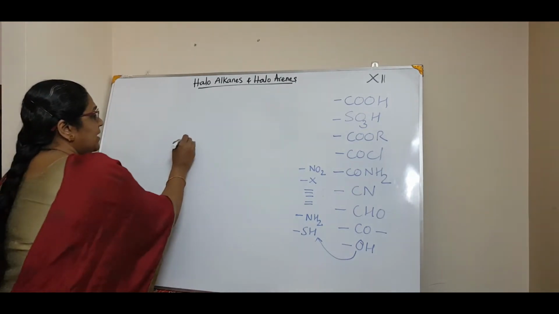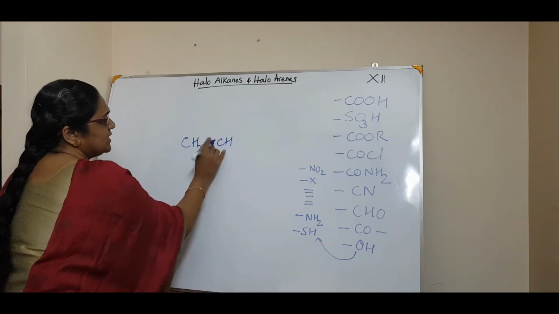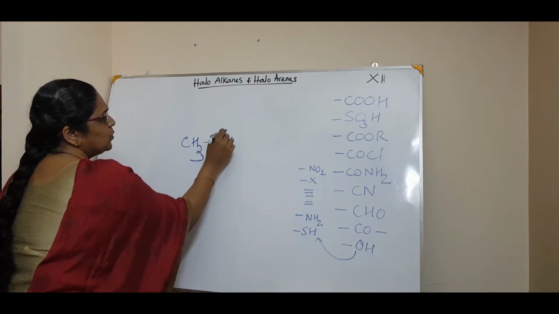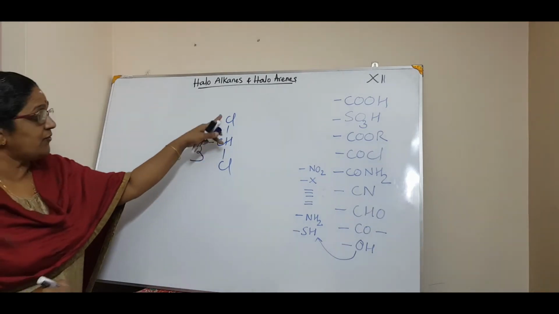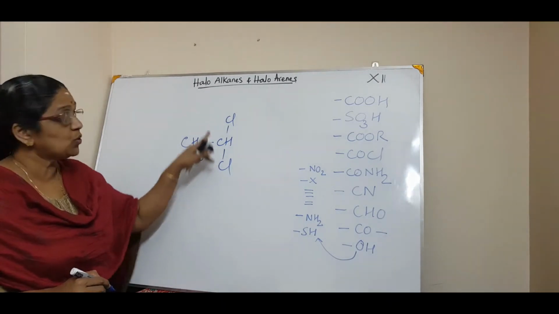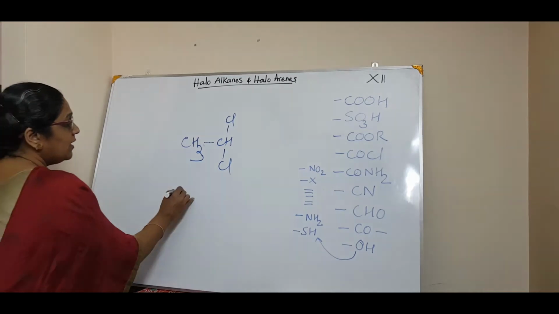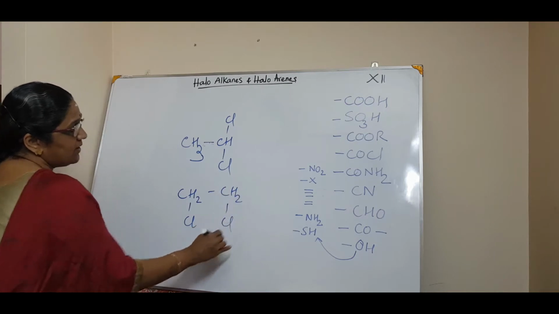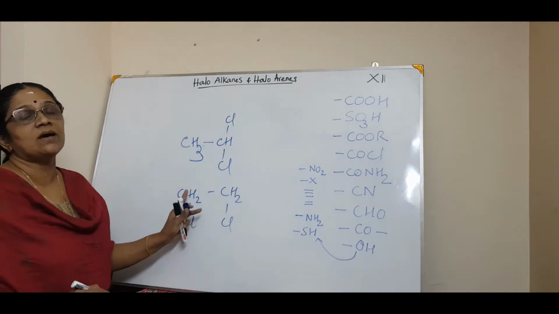For example, if you have a compound like CH3CHCl2, with carbons 1, 2. If 2 chlorine atoms, this is a diderivative of halogen, are on the same carbon atom, how will you name it? Or it can be like this also, that is CH2Cl and CH2Cl. If the chlorine atoms are on adjacent carbon atoms or in different carbon atoms, how will you name that compound?